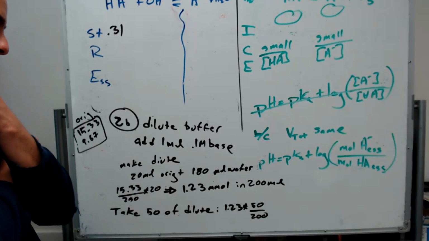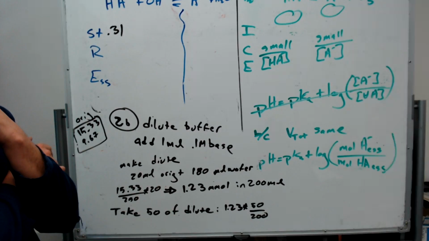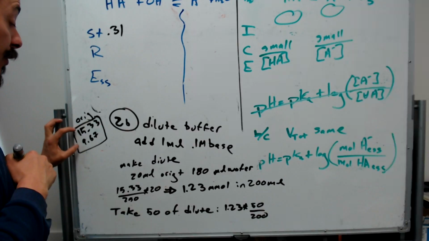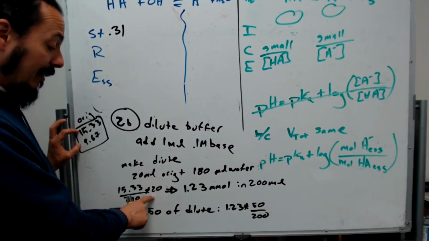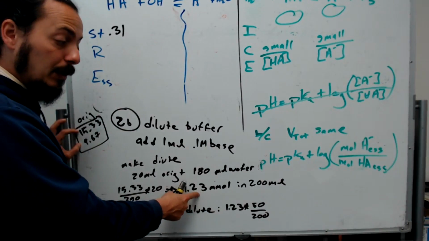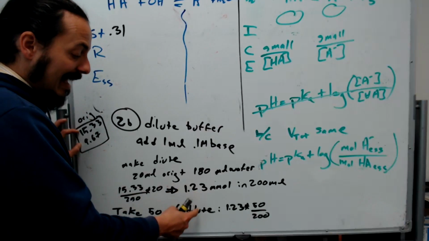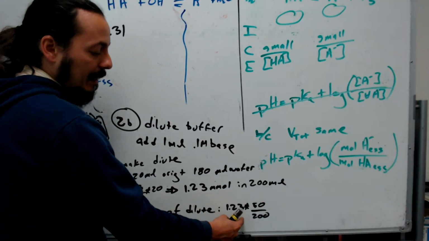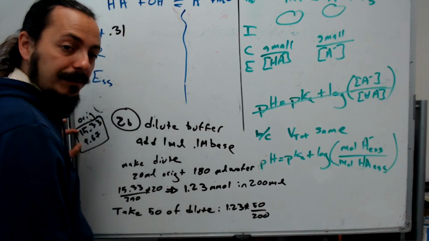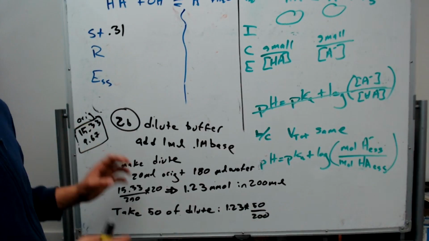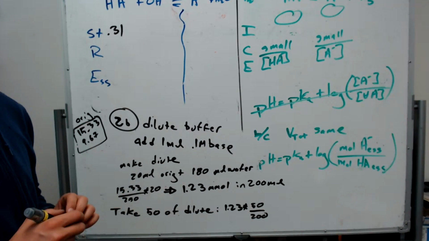We then make some dilute buffer by taking 20 mils out of this 250, which gives me some number of moles I'm taking from my original buffer. Then I dilute it, and then I take 50 mils of that diluted buffer. So I'm taking two portions. I have to do two cuts.